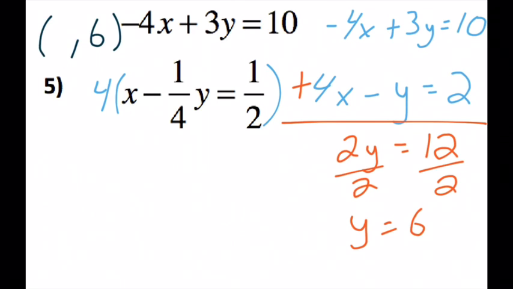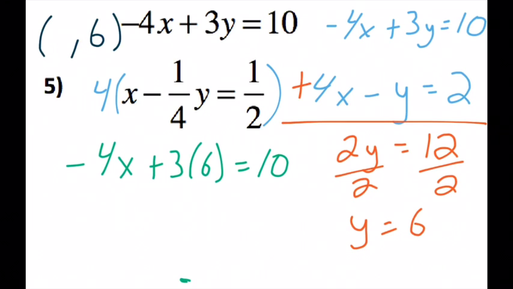Now we're going to go ahead and plug it back in. Go ahead and just go at the top again. So negative 4x plus 3 times 6 equals 10. Negative 4x plus 18 equals 10.